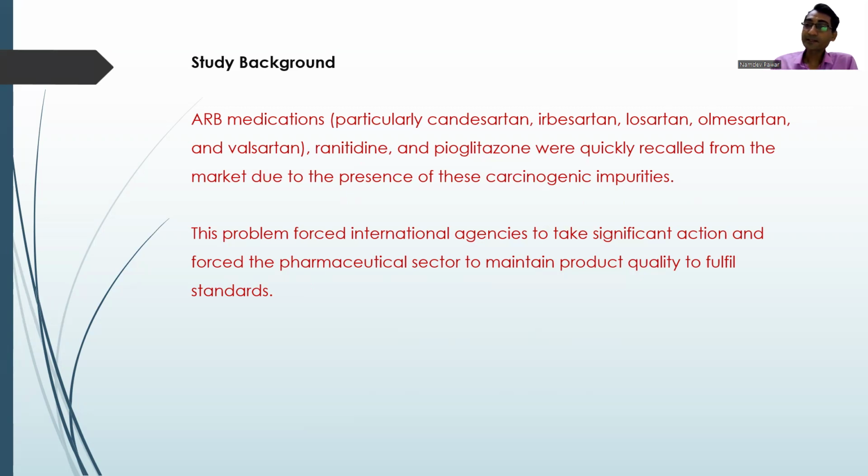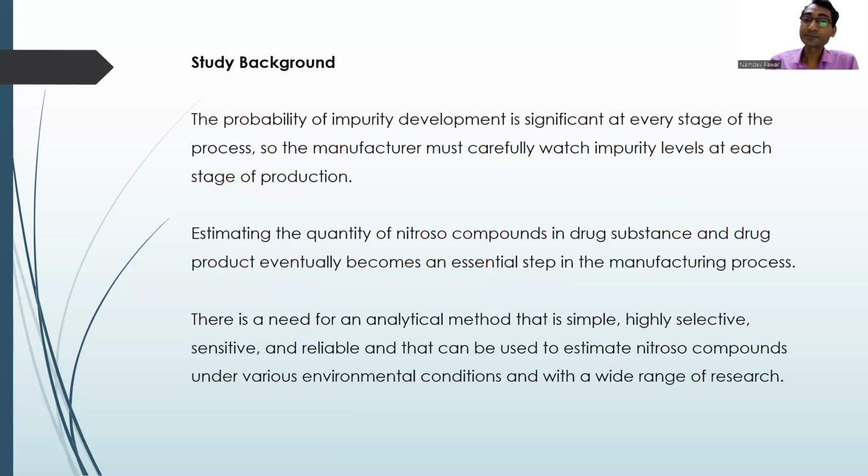So there is a high need to estimate them in drug products or drug substances. From drug product, it should be properly estimated since they are very trace compounds, and for proper estimation we require a simple, selective, reliable, reproducible method to fulfill all the standards.